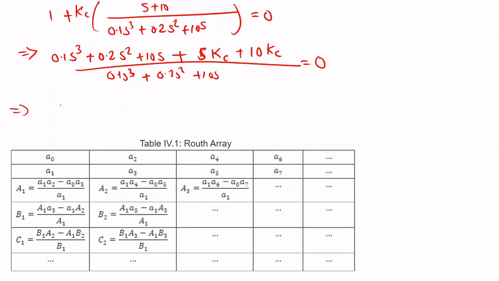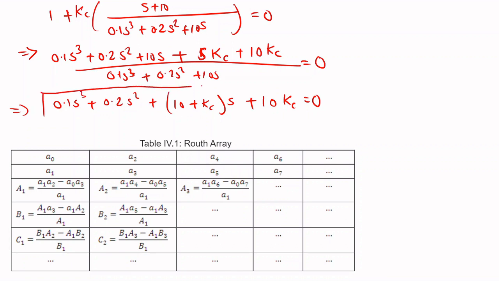That is, the polynomial that we are having is 0.1 S cube plus 0.2 S square plus 10 plus Kc into S plus 10 Kc is equal to 0.